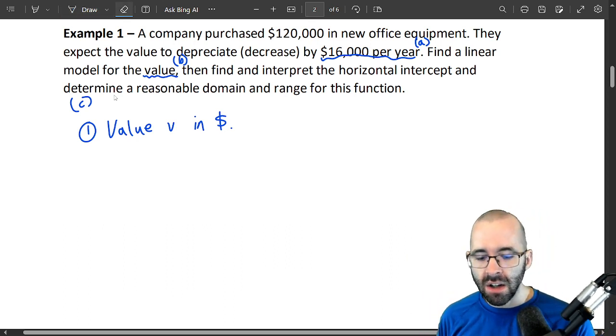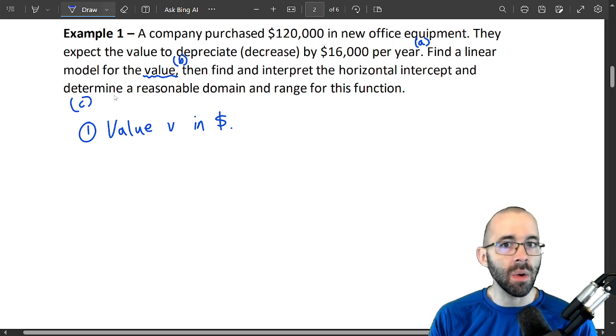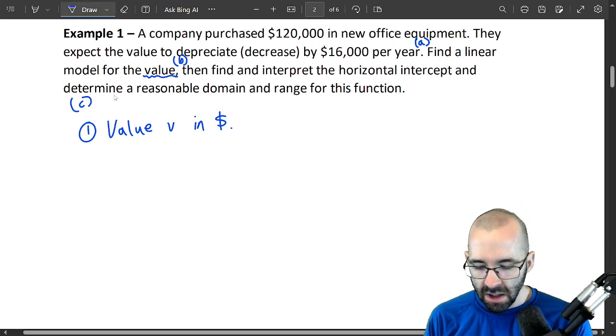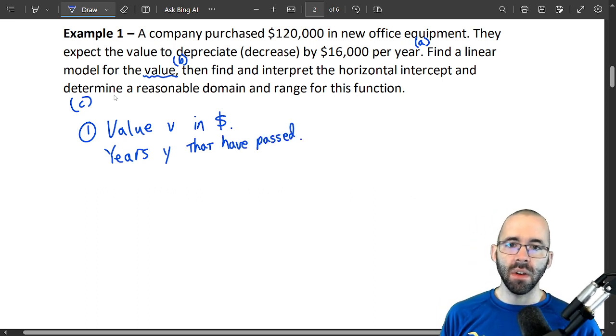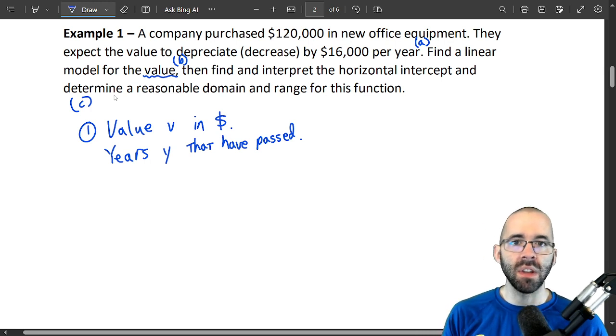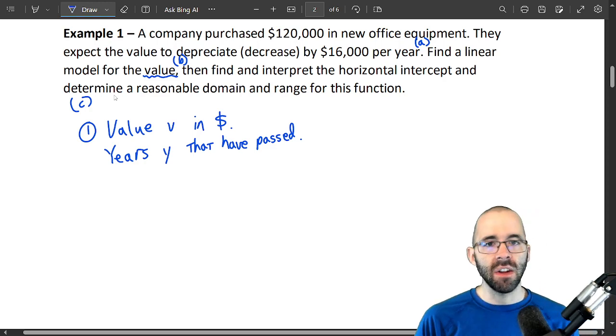It's changing every year, so we should really be thinking about how many years are going by. So we could say years Y that have passed since purchase. So now we're thinking about, okay, what's the relationship between the value and the years that have gone past?